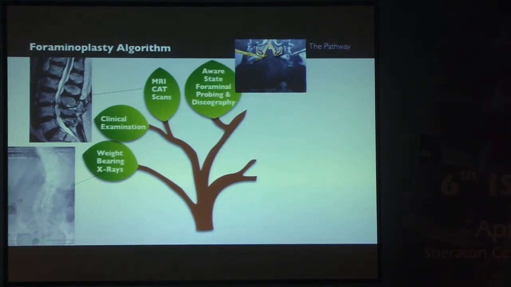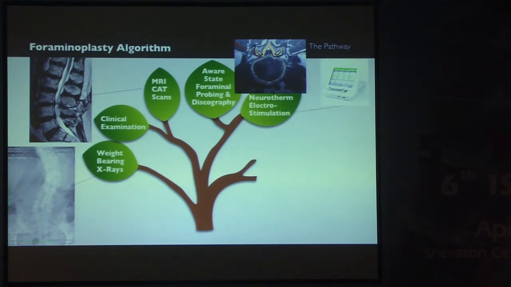But then, before deciding what level needs to be treated, and knowing that the MRI scans can be directly misleading, we carry out foraminal probing, and where that's positive, carry out discography, and where there's a lot of overlap between the levels, then we use neurotherm electrostimulation at each level to further clarify which levels and how many need to be treated.